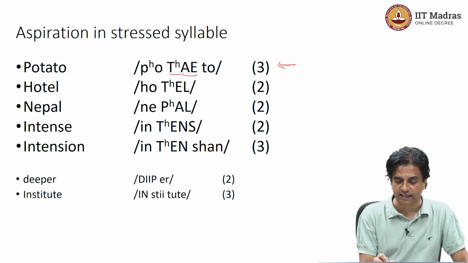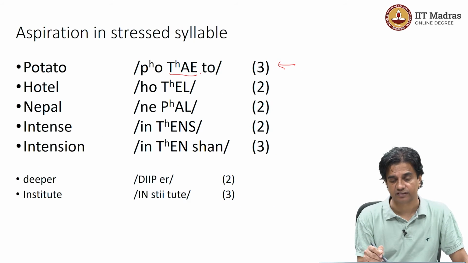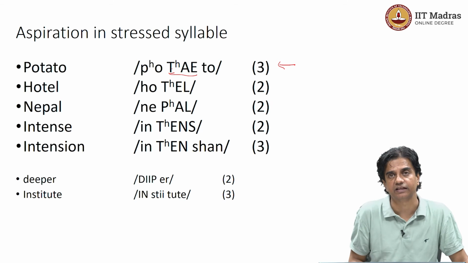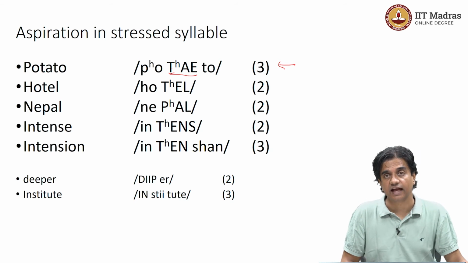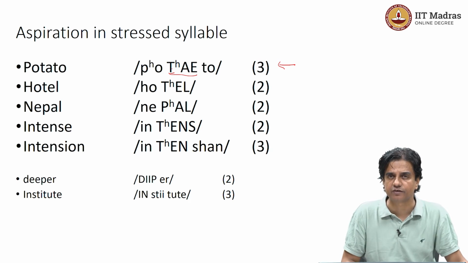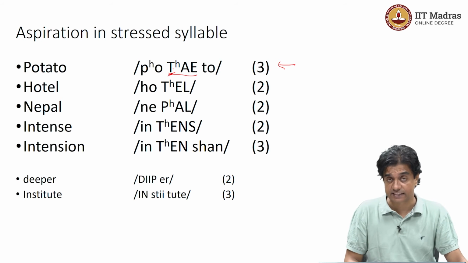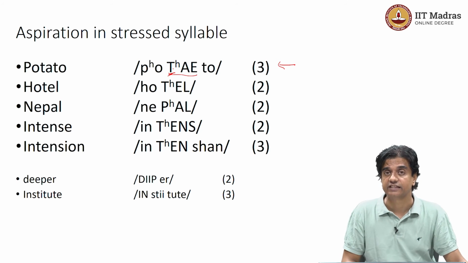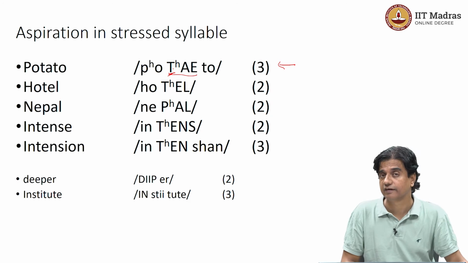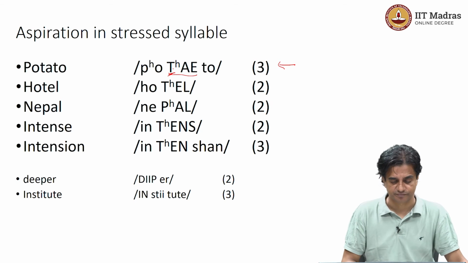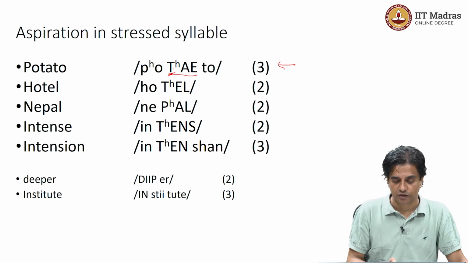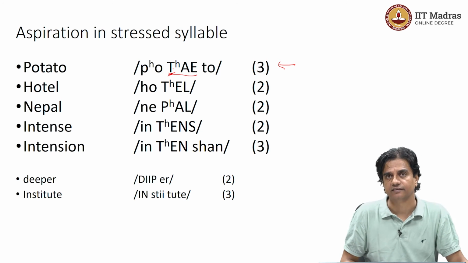The second syllable, which is a stressed one, has a ta sound in the beginning of it, so it is going to be aspirated too. How does this word sound? Potato. Potato. So this sound is also getting aspirated, because it is at the initial position of a stressed syllable. Look at the second word, hotel.